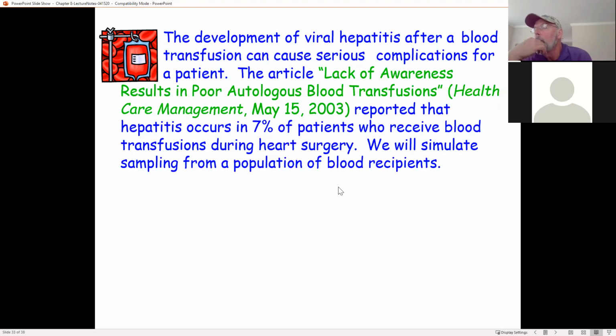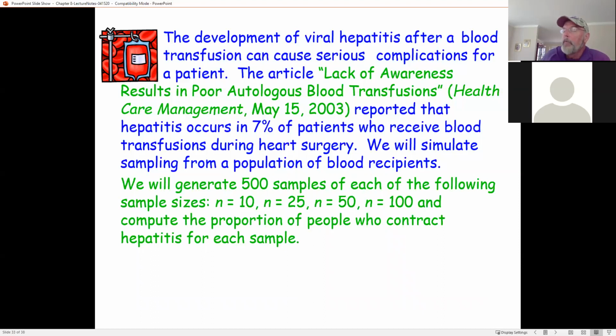So let's try to simulate the sampling of the population with the blood recipients. Same sort of thing here. We're doing 500 samples and 10, 25, 50, and 100.